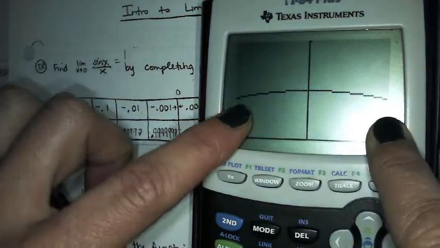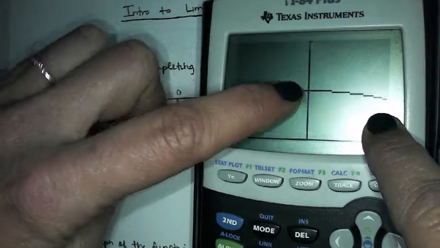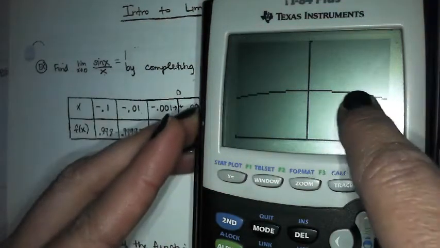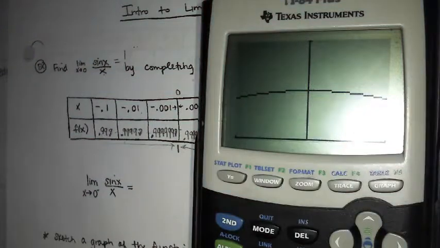The graph has the intention as you come from the left of hitting 1, has that same intention as you come from the right of hitting that y value of 1, but it doesn't actually hit it because there's a hole there. The graph is undefined there. Does that make sense? Okay? So the function value is not 1, but the limit is 1.